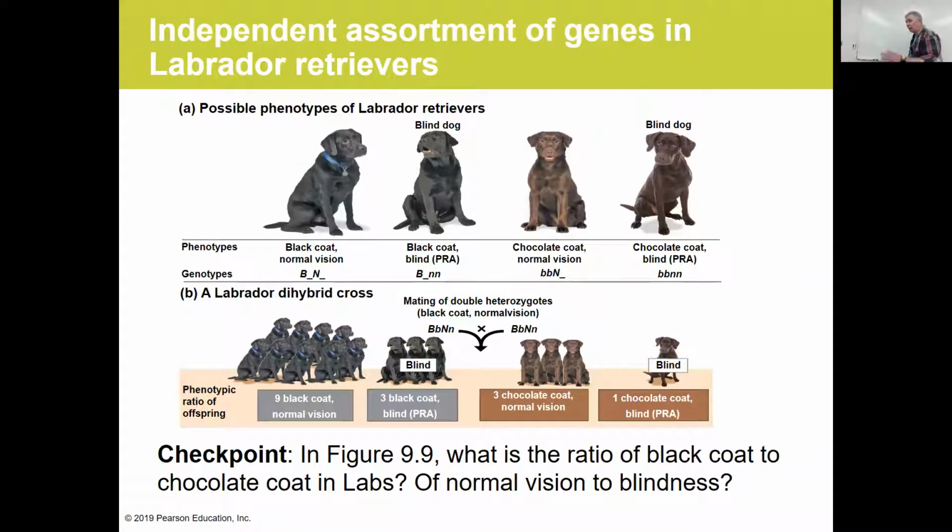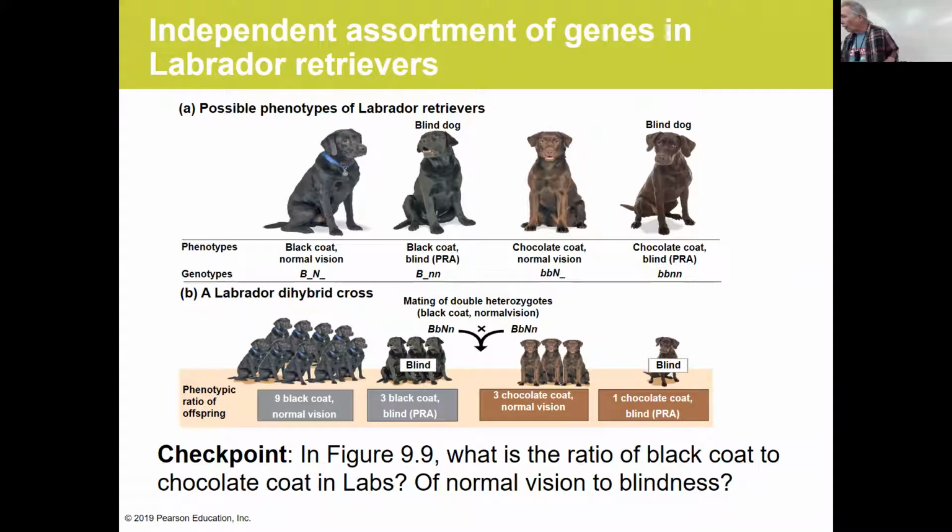So, possible phenotypes of Labrador retrievers. Now, there are 2 characteristics: seeing and blind, black coat and chocolate coat. So there's big B for black coat, which is dominant over small b, chocolate coat. Seeing, big N, is dominant over blindness, small n.